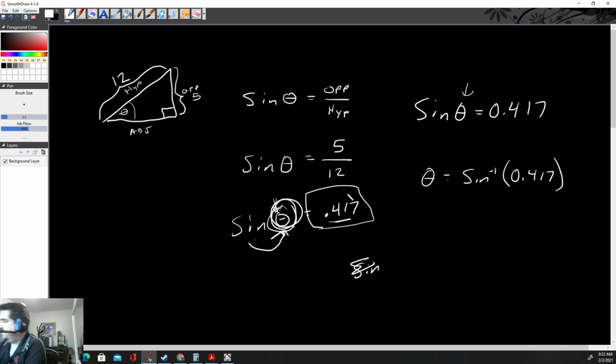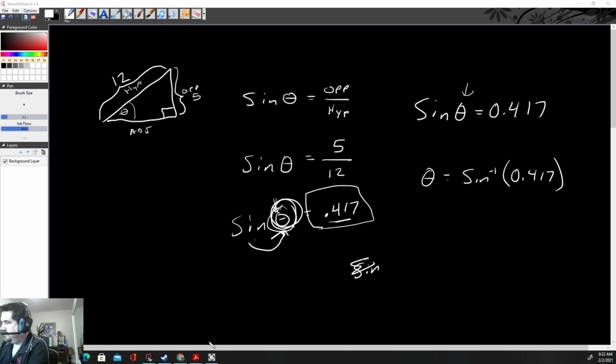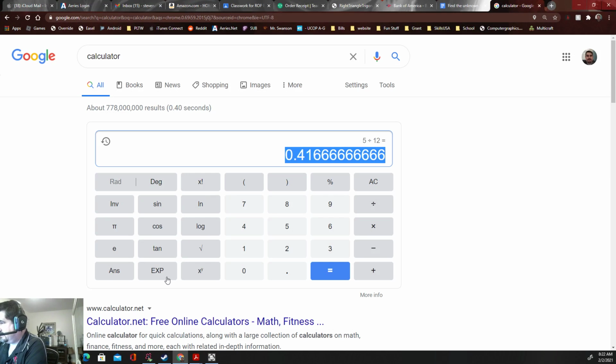But how do we do this in a calculator? It's actually not too crazy. Let's go to the internet one so everybody uses the same one. What you do is, you see the sine right here? We're going to click INV, and then it changes to inverse sine. Let's click inverse sine, or arc sine.